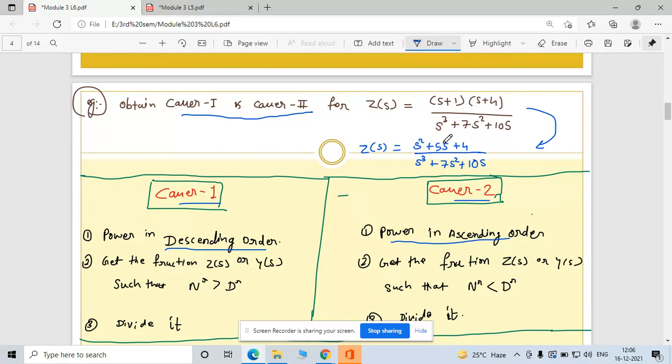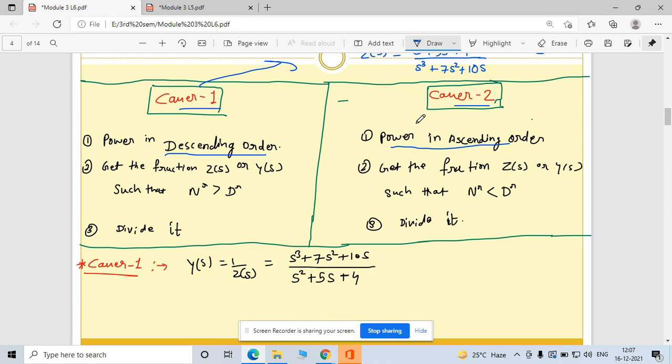Now this is an equation of order 2 and this is of order 3, right? Now you have to arrange in descending order from this. So this is already in arranged format for the Cauer 1 circuit. But for the Cauer 2 circuit, you have to write 4 first, then 5s, then last is s square. So accordingly you have to arrange first.